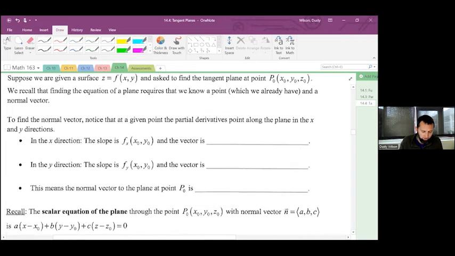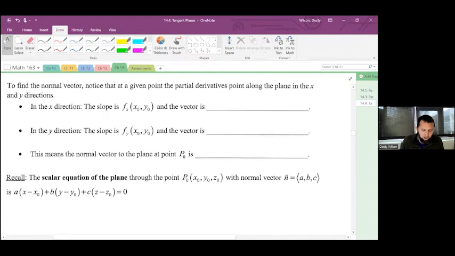Specifically, in the x direction, the slope is fx of x naught, y naught, and the vector would be as follows. We let things change in the x direction, no change in the y direction, and the slope shows up in the z component, fx of x naught, y naught.